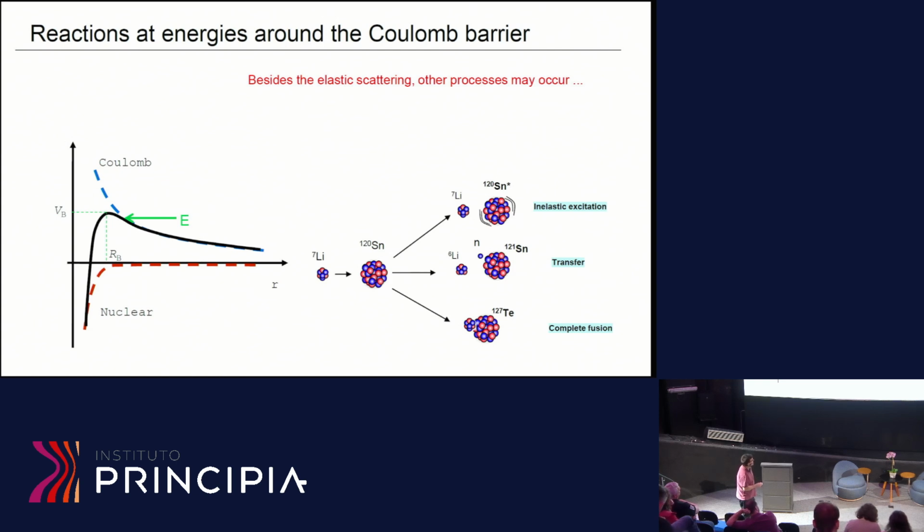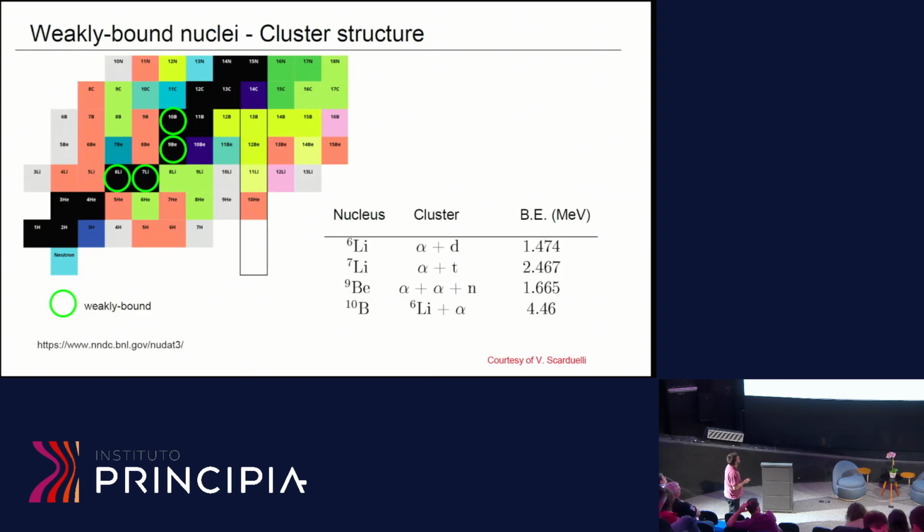At the end, we are going to produce another species, and this we can also measure; it's not so complicated. And then, of course, we can have complete fusion. This is something that we don't often do in our lab, but in principle it is possible if you have a good combination of projectile and target.